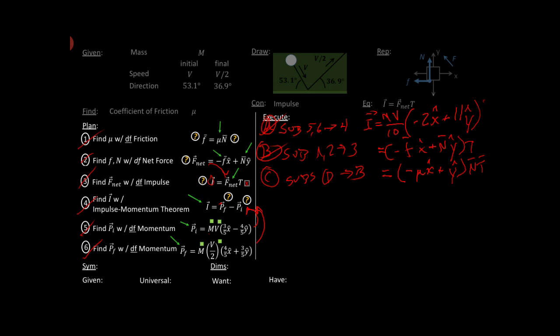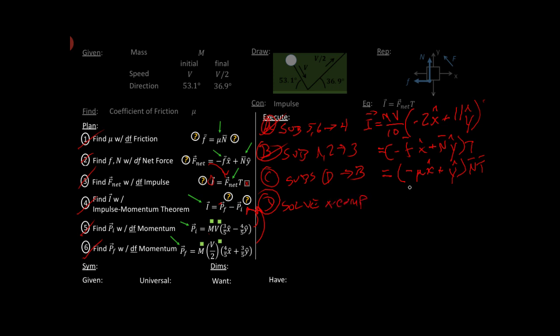So now I have to do something with that, right? What I'm going to do is break this into components. At some point you're going to want to break these things into components so you can do some math on them. Not necessarily, but you can. So I'm going to solve for mu in the x component.